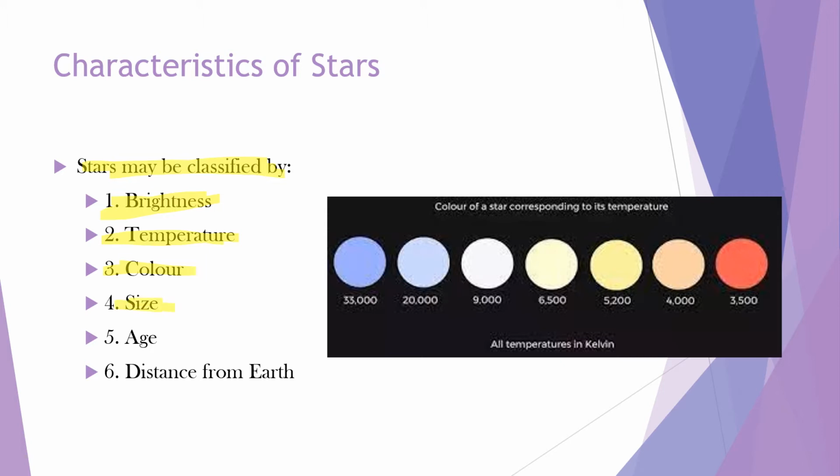Okay, we can compare star size. The age of a star. So we're going to learn that lower mass stars, so stars that are smaller or have a lower mass, live longer than, say, a massive star that has a higher mass. And also distance from the Earth. So how far the star is from the Earth.